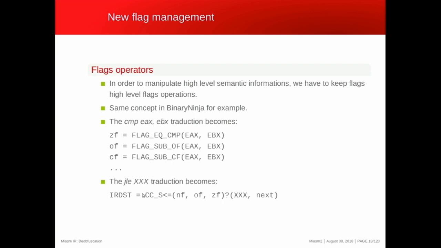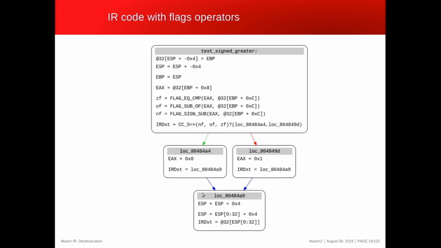And as well, the jump less or equal will be represented by a new operator here, which will take only the parts of the E flags that are used to compute the conditional jump. So here is a new intermediate representation using this new intermediate language, with these new intermediate flags.